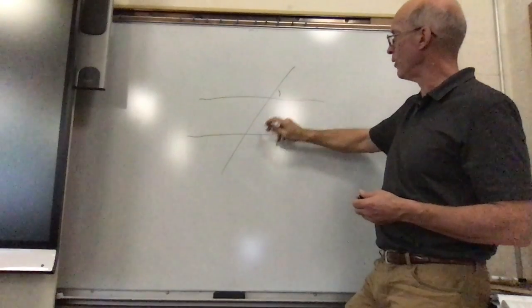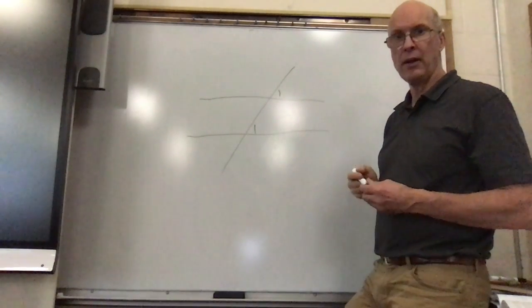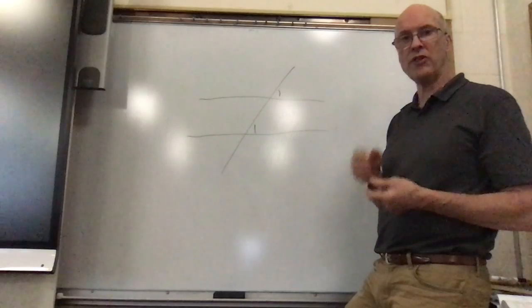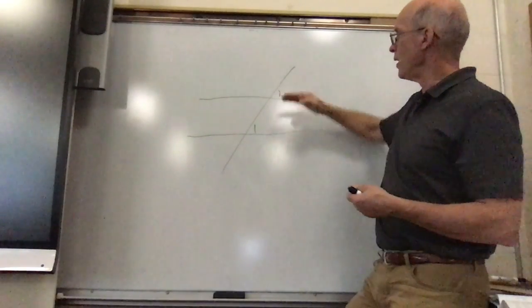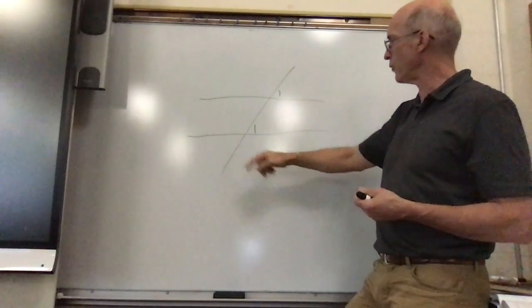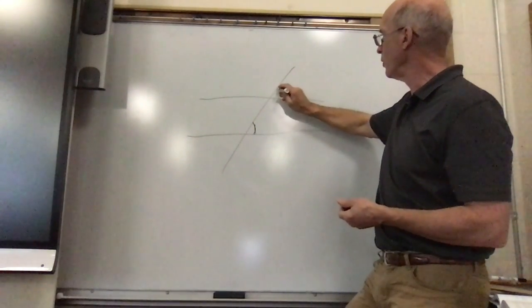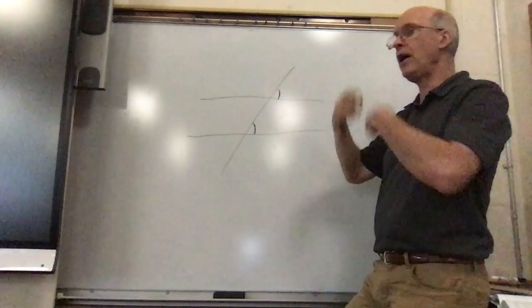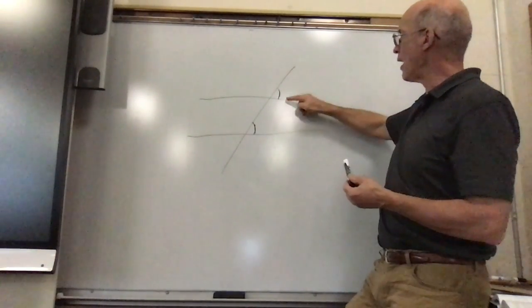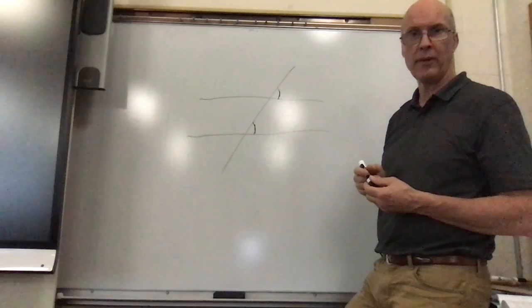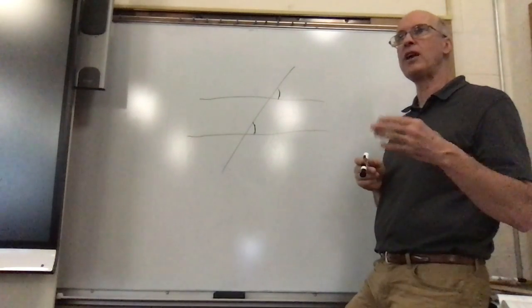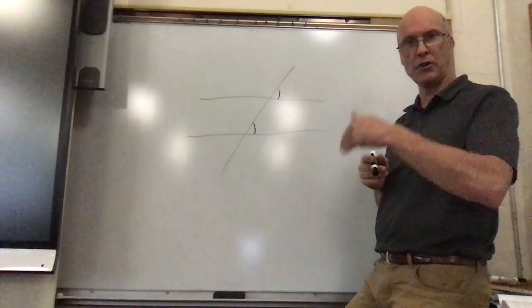So like this angle and that angle. Well, in this section, they do the opposite. If you have two lines that are cut by a transversal, and you know that this angle is congruent to that angle, then you can reason backwards and say now you know these two lines are parallel. So it's just doing the same thing as in section 7, just in reverse order.